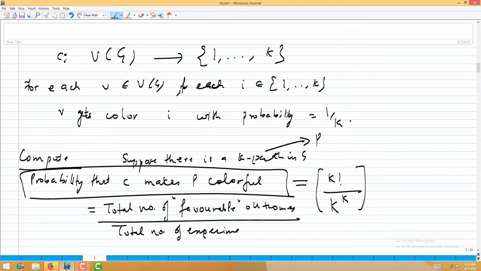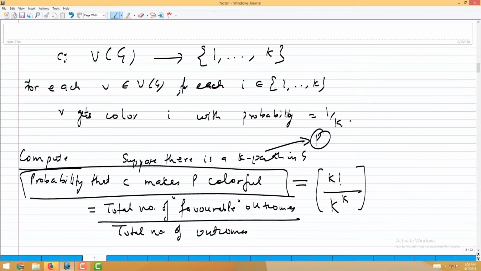And what is the total number of outcomes? What is a favorable event for us? A favorable event for us is that coloring which makes this particular path P colorful. So if I have to use this formula to get probability, what is the total number of outcomes?